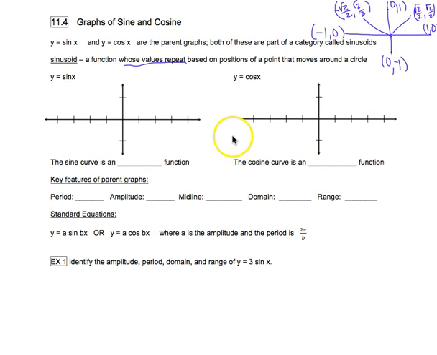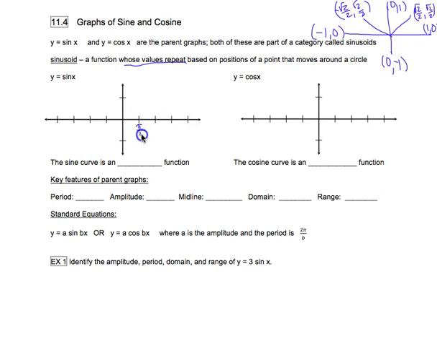So we're going to set up coordinate planes to look at our parent graphs, because you are going to need to be able to identify each of the sine and cosine graphs and a couple of their key features. If we look at our horizontal axis, instead of labeling it 1, 2, 3, 4, we're going to label it according to the quadrants.